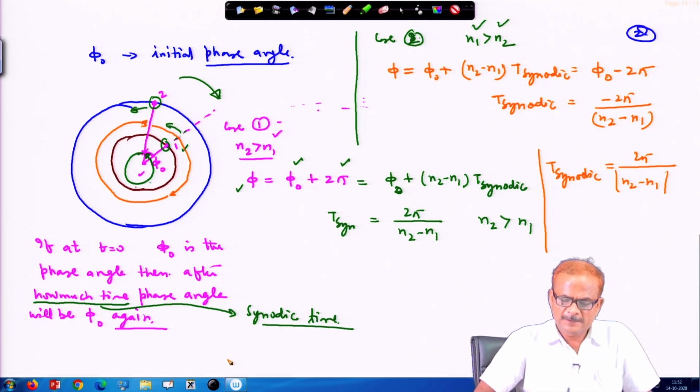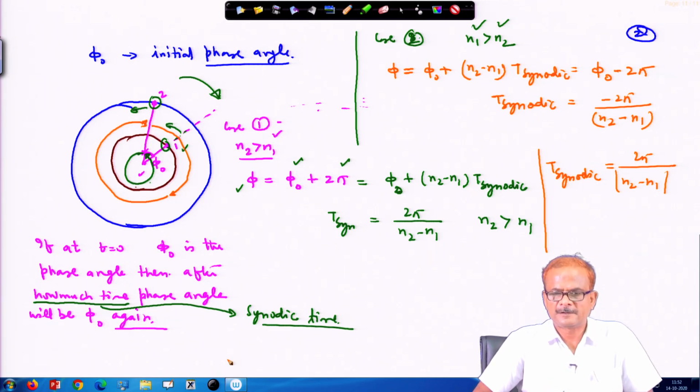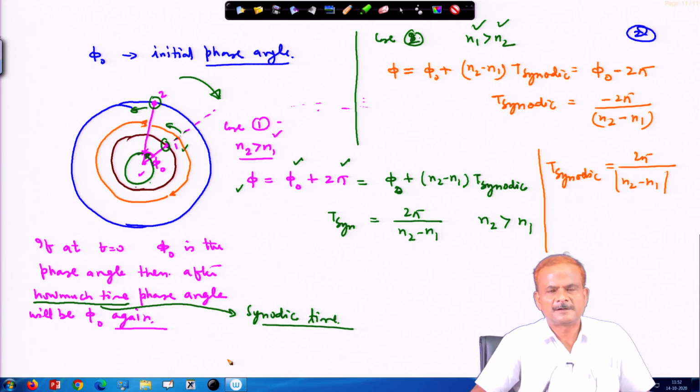And this is very important, because as you have seen, before launching certain conditions should be satisfied. The phase angle between planet A and planet B should have a particular value, so that if you are launching the satellite from planet A to planet B, your satellite goes through a 180 degree Hohmann transfer.